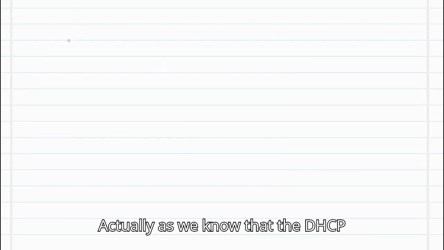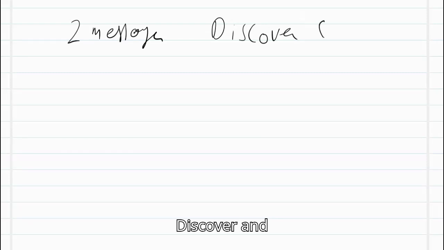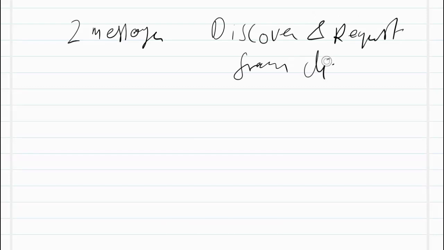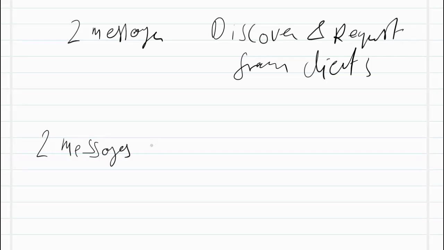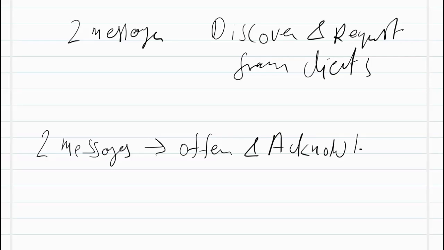Actually, as we know, between the client and server, two messages, discover and request, from the clients are received on the ports, and another two messages, offer and acknowledge, are received from the server side.